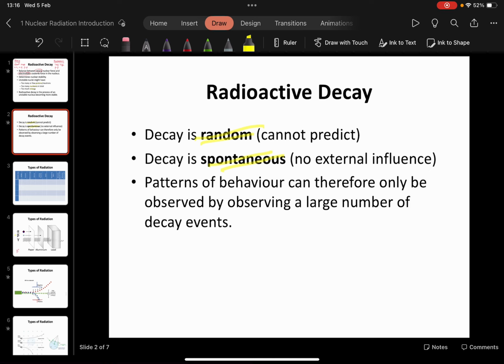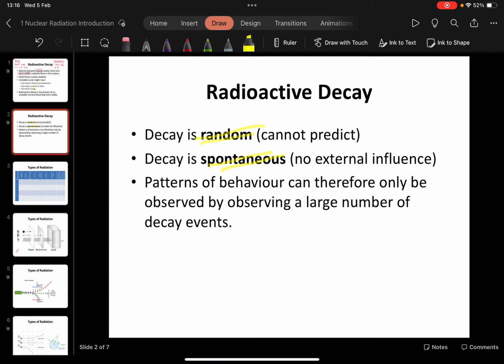And so the only way that we can model radioactive decay is by modeling a very large number of decay events. The analogy here is like rolling a dice or flicking a coin. I could roll a dice 4 times and get the same number. If I roll the dice 100 times, I am unlikely to get the same number.